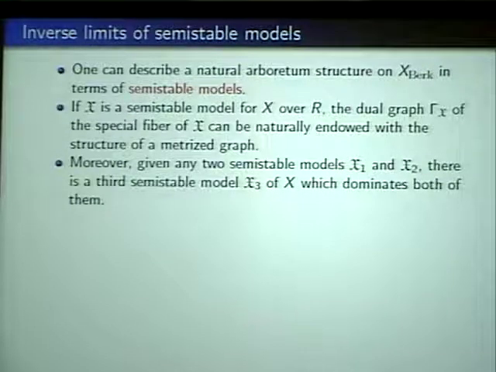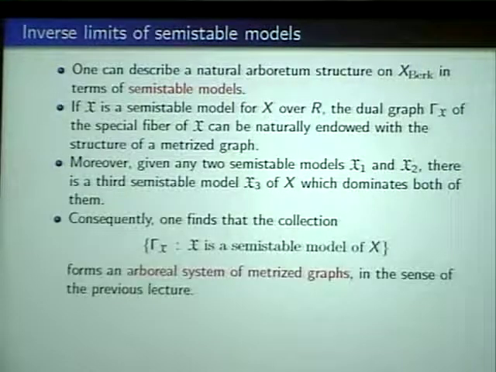But I'm just talking about curves right now. So this can be made quite explicit using blow-ups. And so consequently, what you find is that this collection of all dual graphs of semi-stable models of your curve forms an arboreal system of metrized graphs in the sense of the previous lecture.